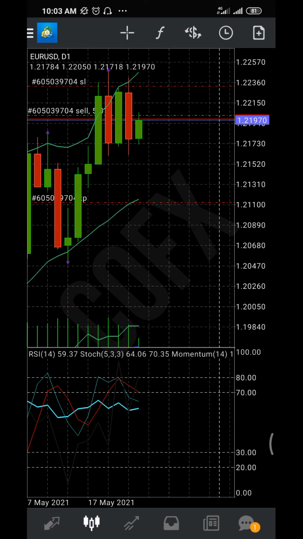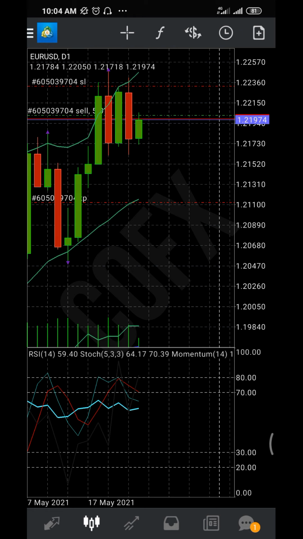The lot size would be 100 divided by 30 times 1, and 100 divided by 30 is 3.3. So if I use 3.3 lot size, my stop loss must be placed only 30 pips above the opening price, since I am selling. Even though I'm using 3.3 lot size, I'm still risking only 1% of my capital, which is just 1,000 USD from the 100,000 USD.